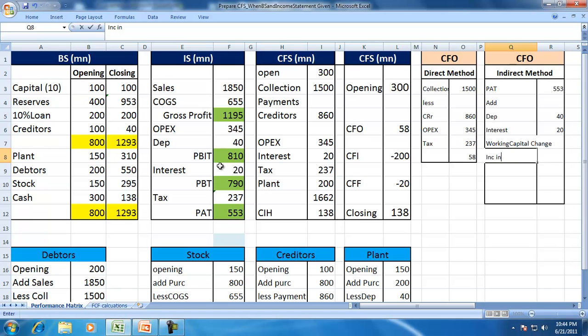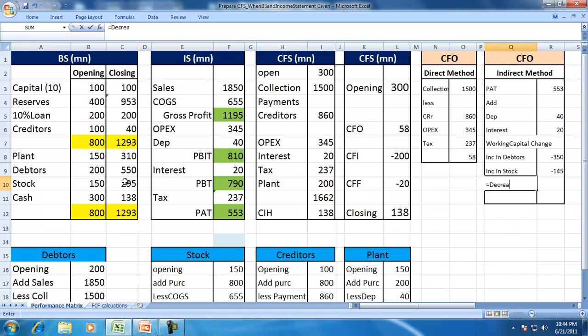The debtors increase means you are selling the goods on credit, so you are not going to get cash, so minus 350. Increase in stock means you purchased the goods on credit more than what has been sold.